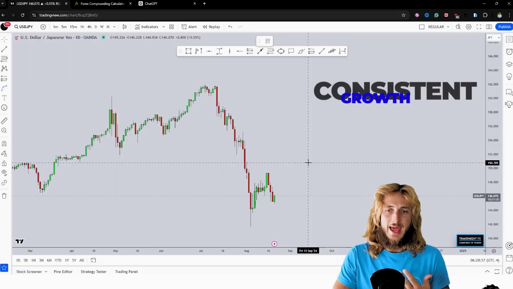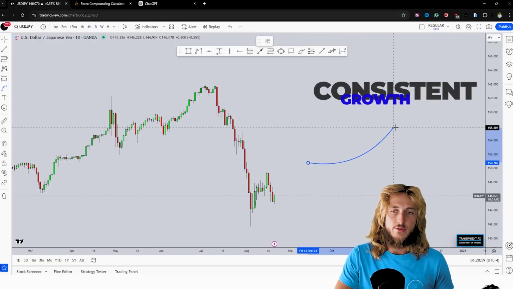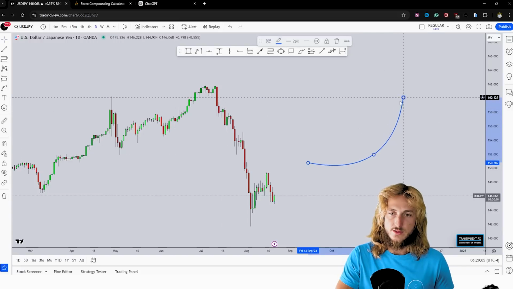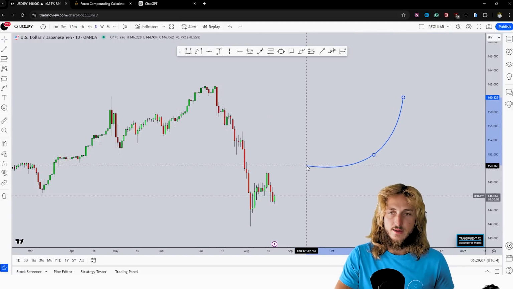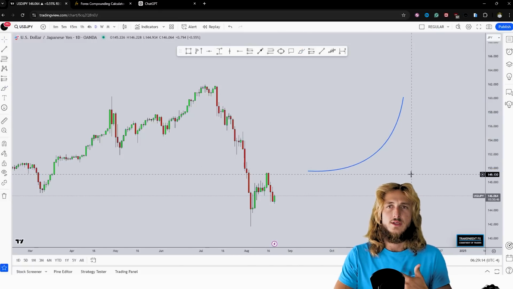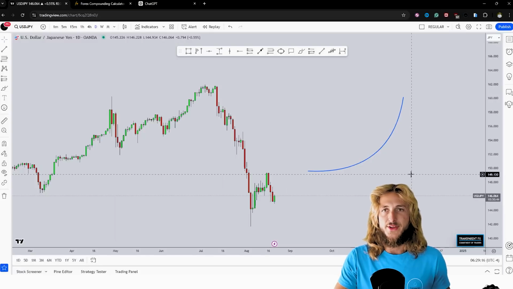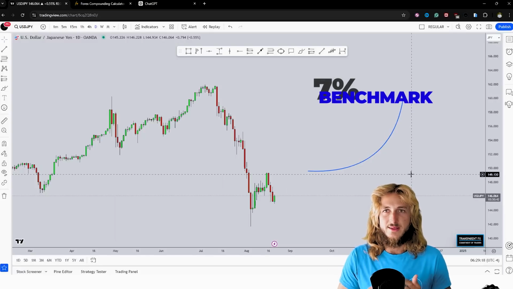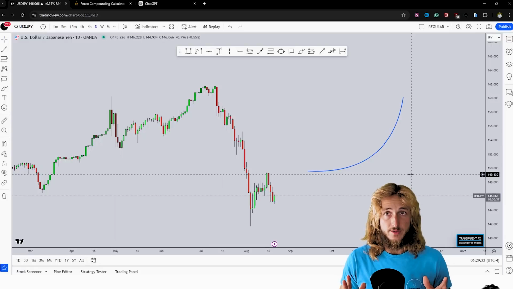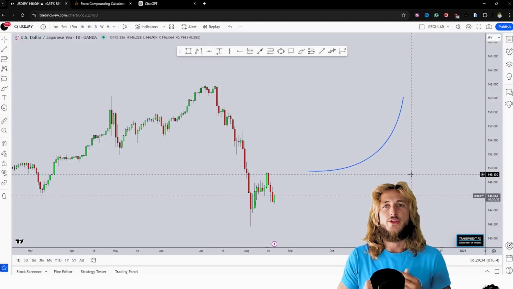And if you look at the compound growth graph, it will look more or less like this. Okay, so at the beginning, you will not really see it if, let's say, for example, you're increasing the account, let's take as a benchmark 7% per month on average, okay? And that is extremely difficult, but at the same time, it is not impossible, okay?